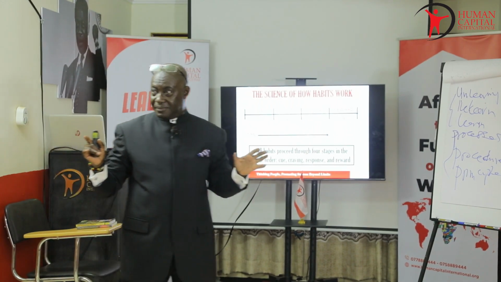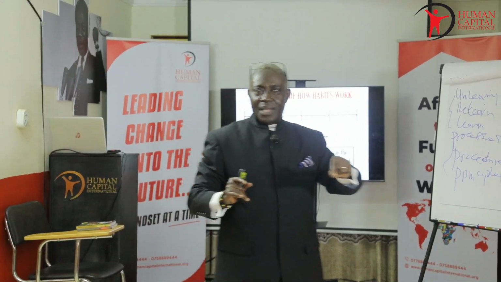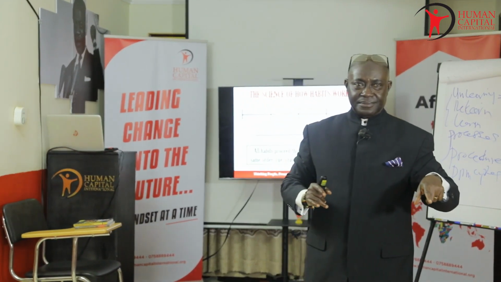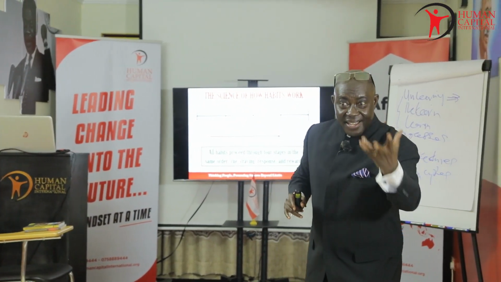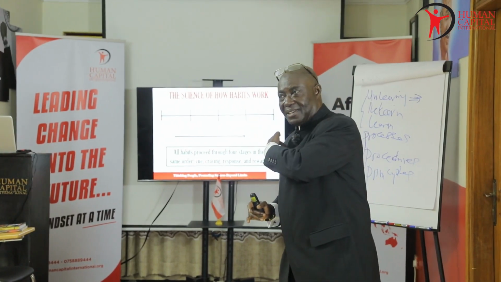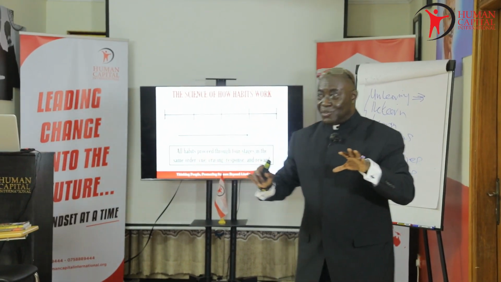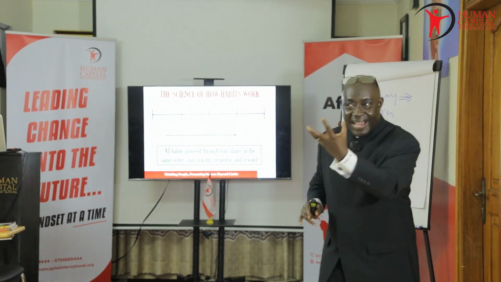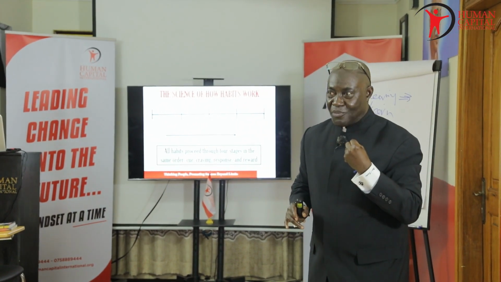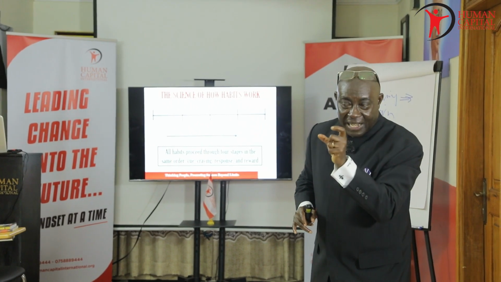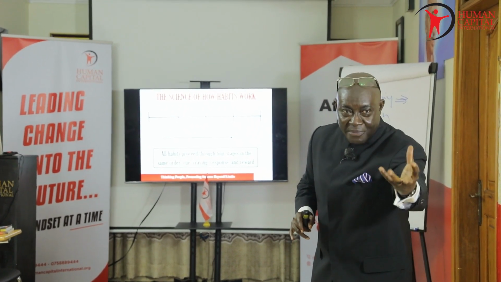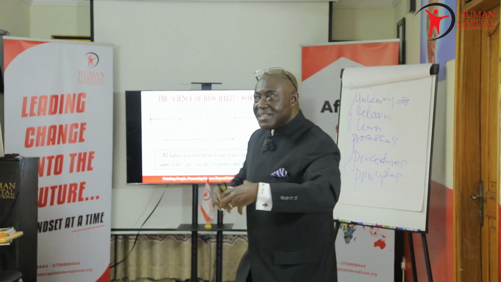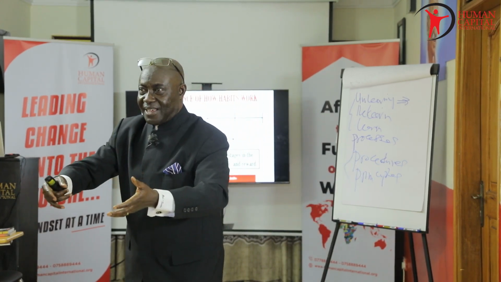Are we together here? So a habit is formed by going through 4 stages. What I see, and we shall come to talk about perception when we come to paradigm. Everything we are doing today is so important, guys, and I want you to follow very carefully. So whatever I pick from the environment becomes a cue, and that cue makes me desire something.